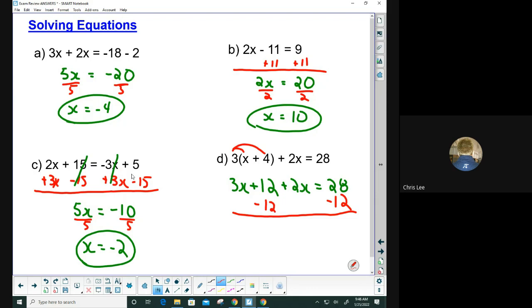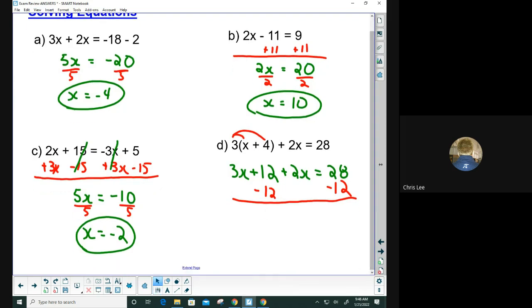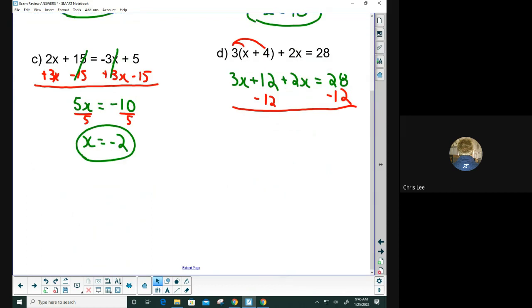I get what you're saying. But we want all the letters to be on this side, so we're not going to move it. Let's see what happens just when we have this here, and then you'll see what I'm talking about. So let's just do this step first. We're maybe trying to do too much in our head. So if the 12 is moved, I have 3x plus 2x left over, and then 28 minus 12 is 16.